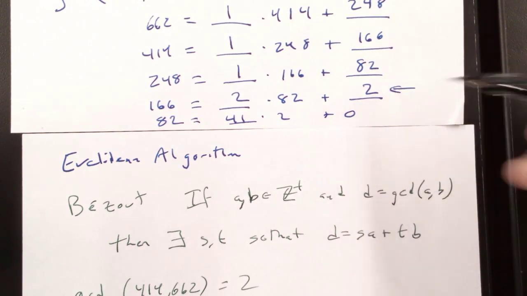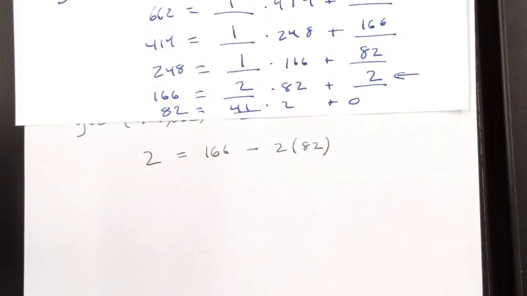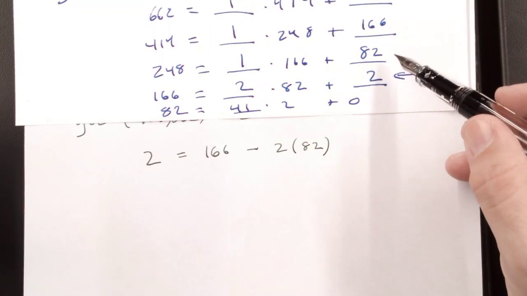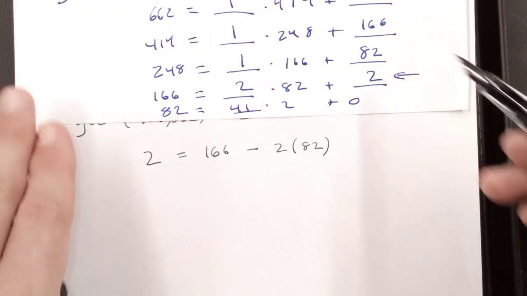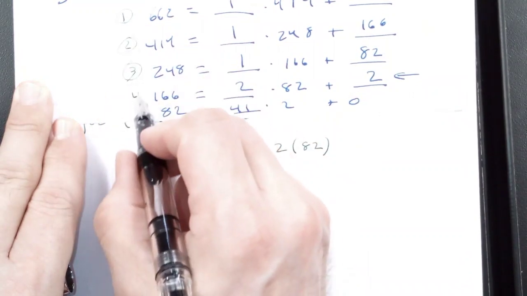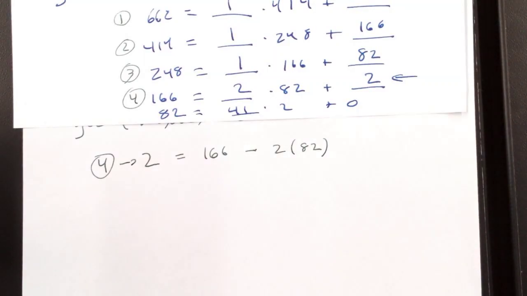I'm going to start with the one with the arrow on it. 2 is 166 minus 2 times 82, right? But up here, the 82 is the remainder. Let me number these so it's easier to keep track of. I rewrote number 4 and I got this.